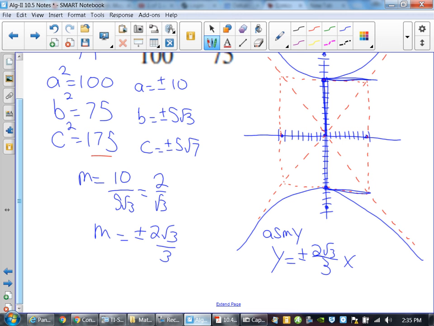Those are questions that I ask you a lot. There are so many things you can pull out of the equations of the asymptotes. If you know the slope of the asymptote, you can figure out what your A's and B's are by working backwards. I just wanted to get you familiarized with the way these things look.